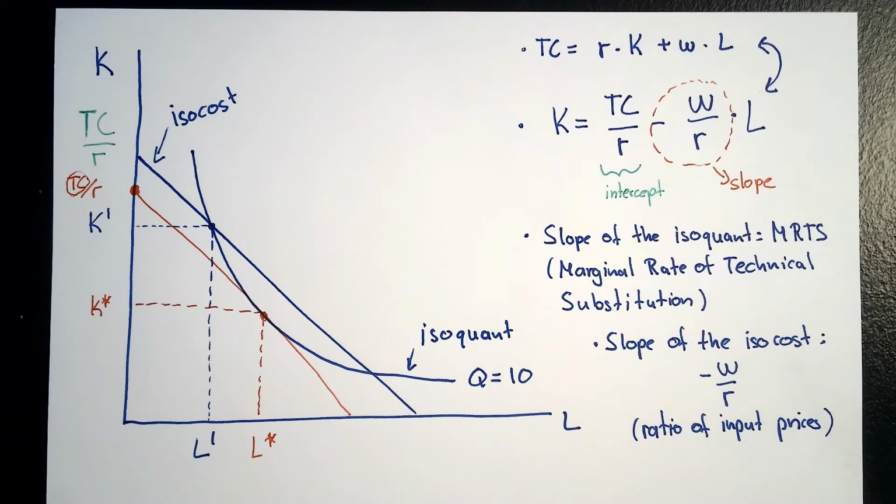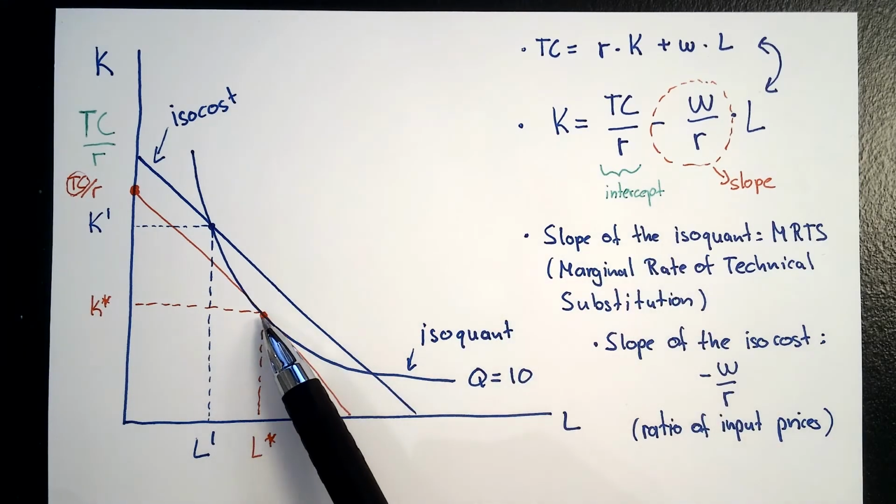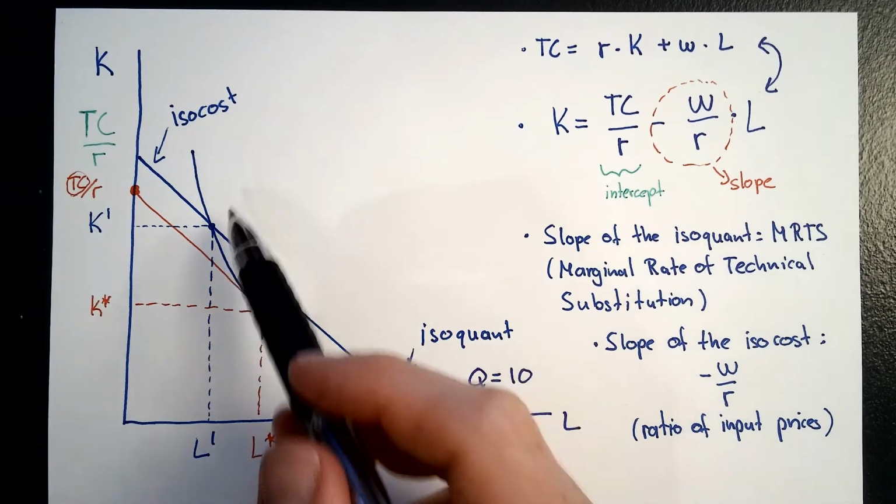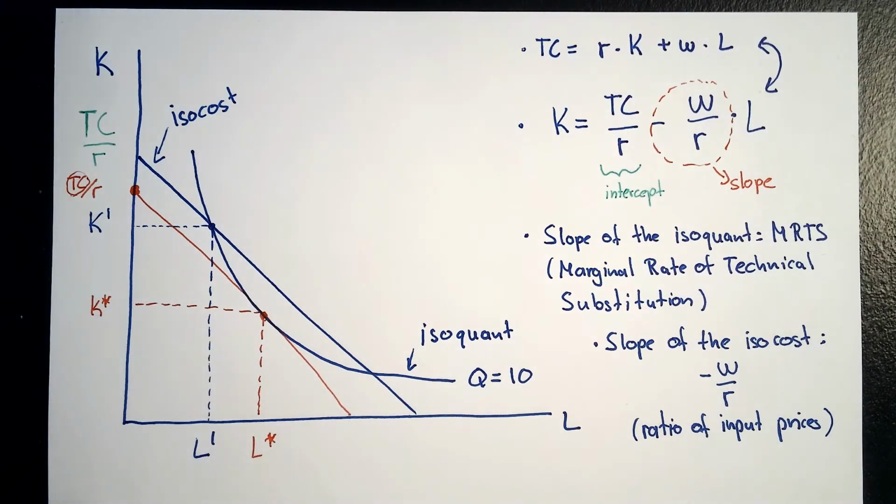And hence, the total cost in this case is minimized if the firm is producing at L star and K star, as opposed to L prime and K prime.